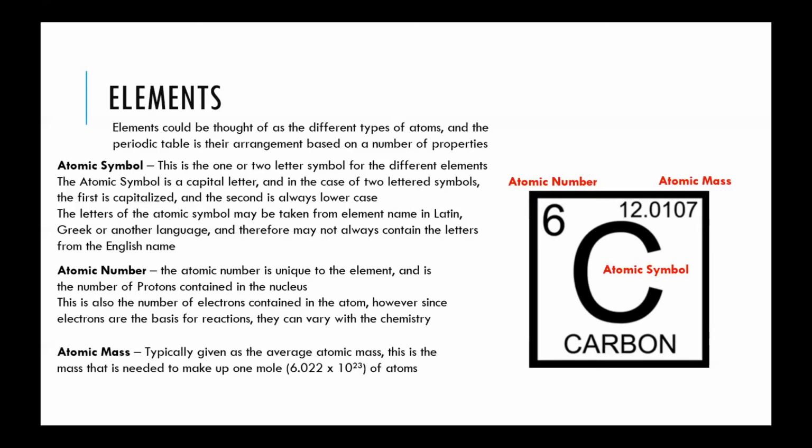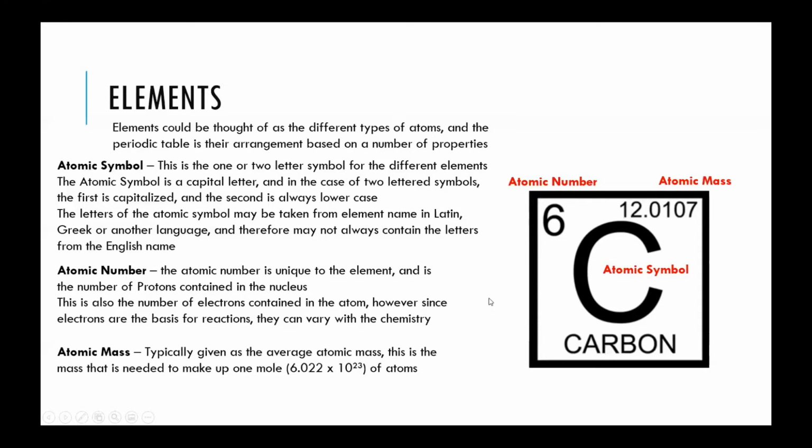The atomic number of helium is 2, and it has 2 protons. So as the periodic table takes shape, the atomic number is continually increasing, and that dictates how many protons and electrons are found in the element itself.